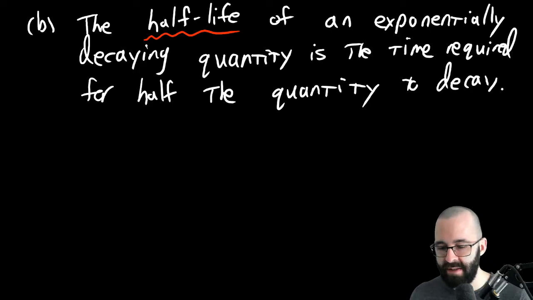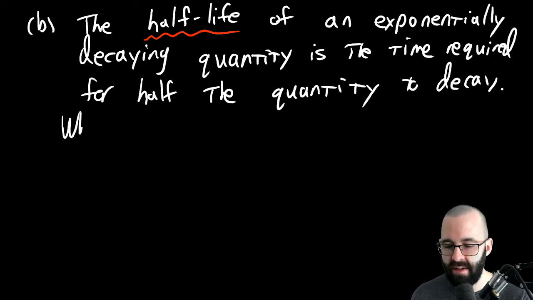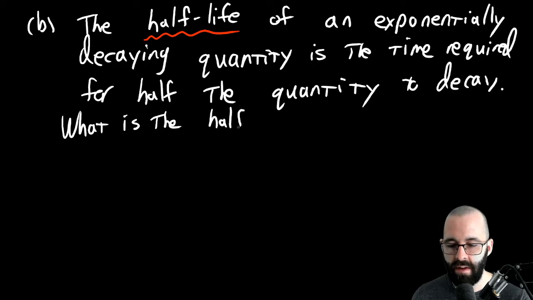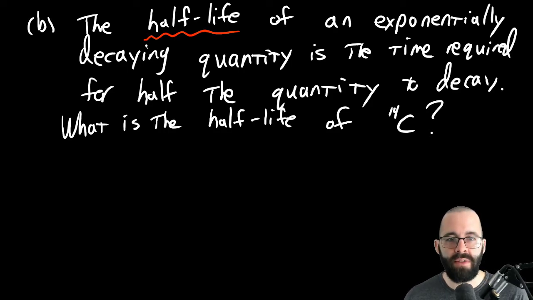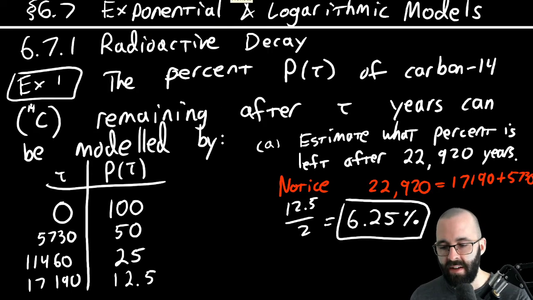Okay, so the question is, what is the half-life of carbon-14? Again, carbon-14 is abbreviated like this. Well, half-life is just the time required for half of the stuff to decay. And notice that our stuff is decaying by half every 5,730 years.